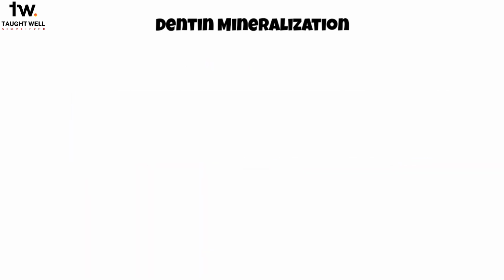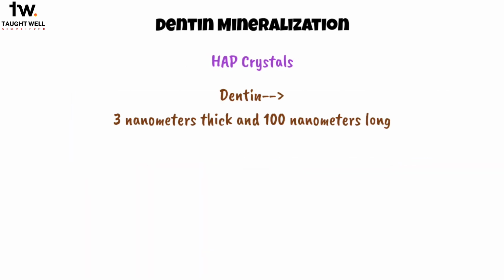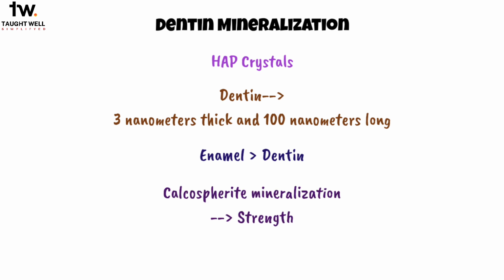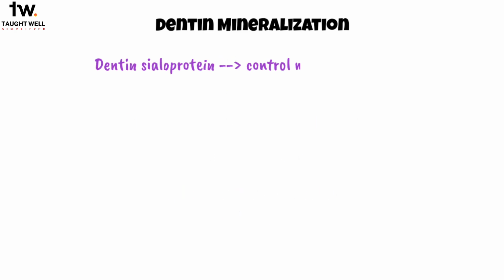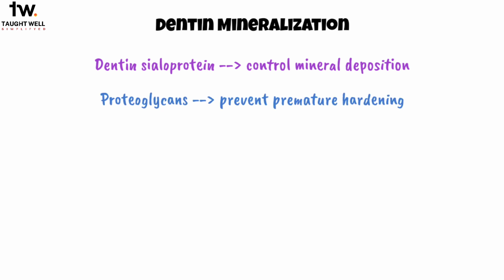The crystals in dentin are very small, about 3 nanometers thick and 100 nanometers long, much smaller than those in enamel but chemically the same, hydroxyapatite. Occasionally, chalcopyrite mineralization occurs, adding strength to dentin. Proteins like dentin sialoprotein control mineral deposition, while some proteoglycans in predentin prevent premature hardening.